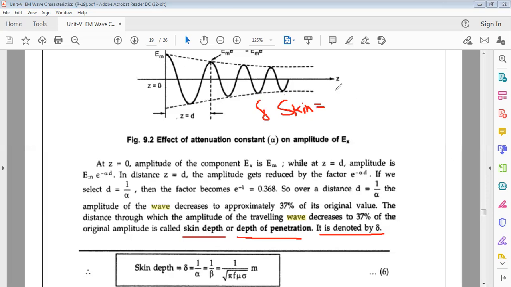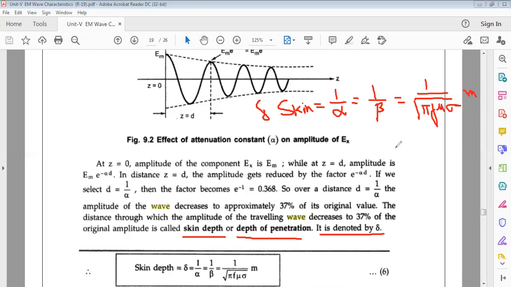Delta is equal to 1 by alpha or 1 by beta. Both are the same because alpha and beta are the same in a good conductor. That is equal to 1 by the square root of pi f mu sigma, in meters.